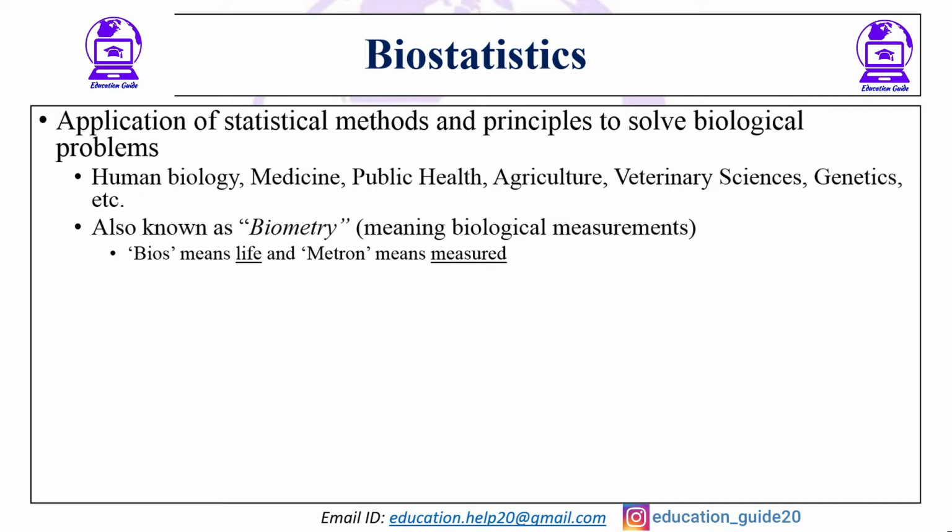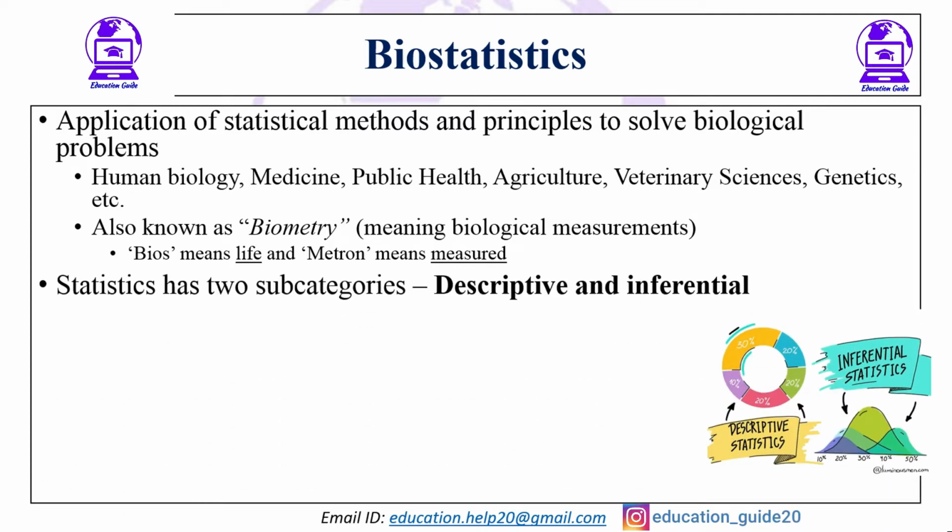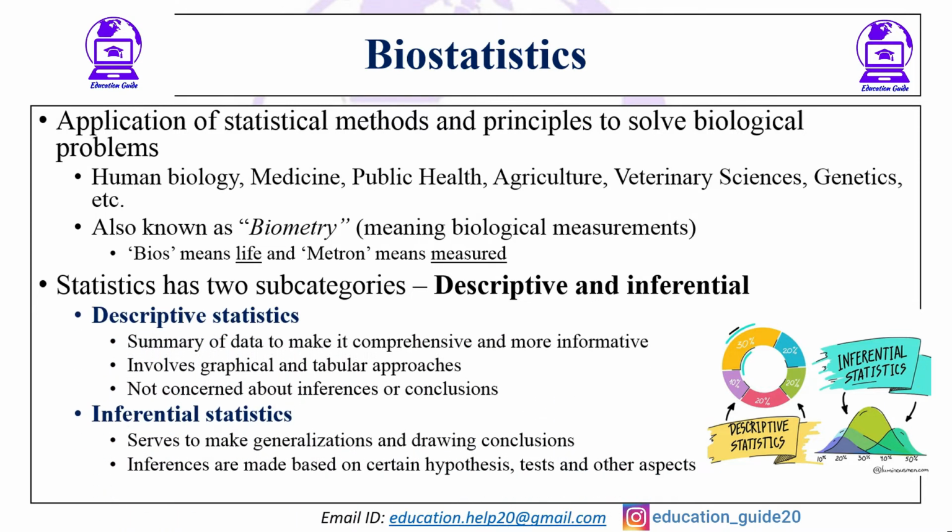Statistics can be divided into two main subcategories, that is, descriptive statistics and inferential statistics. Descriptive statistics mainly relates to summarizing the data so that it's comprehensive and more informative. It involves summarizing data using tables, graphs, charts, etc. However, it's not concerned with making inferences or drawing conclusions.